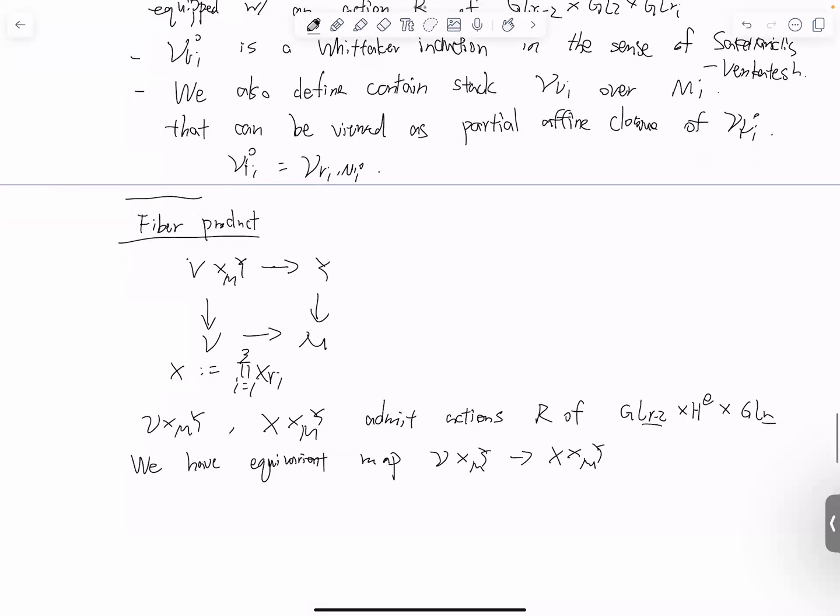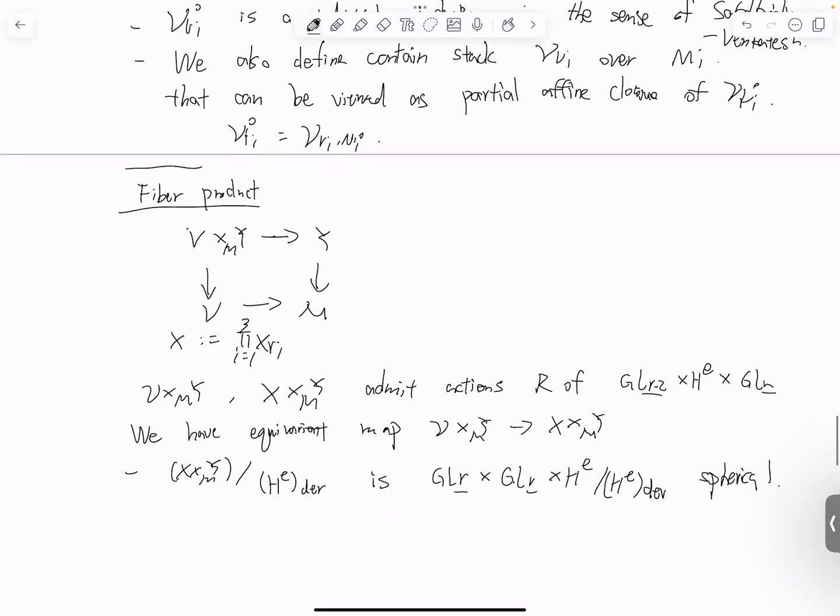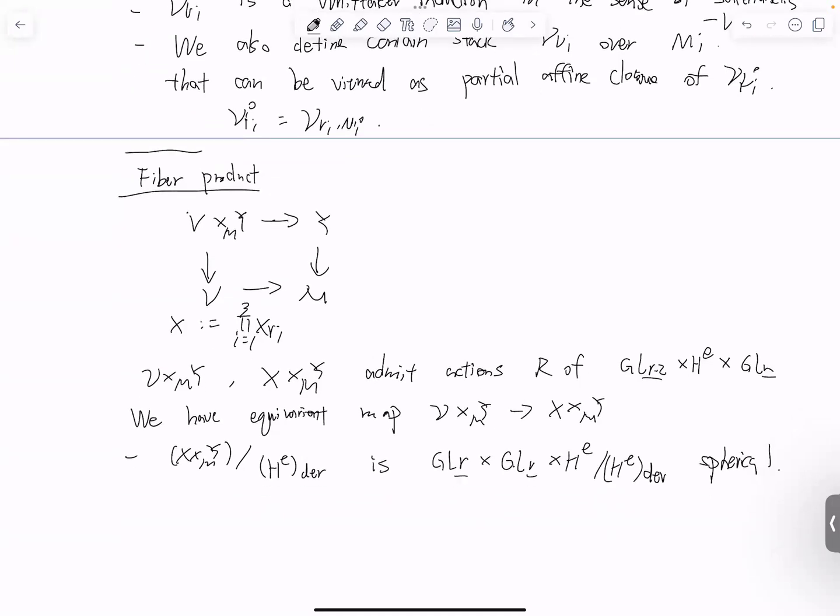And then we can show that X cross Y over M, modded by the derived subgroup of HE, is a spherical variety for GL R underline cross HE modulo HE derived. So this is a spherical variety after modding out by the derived subgroup of HE.